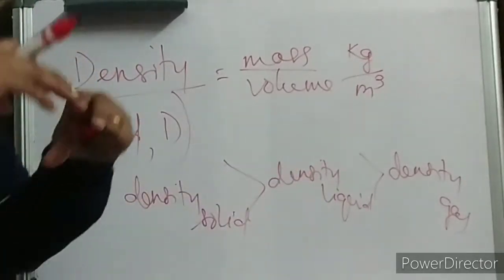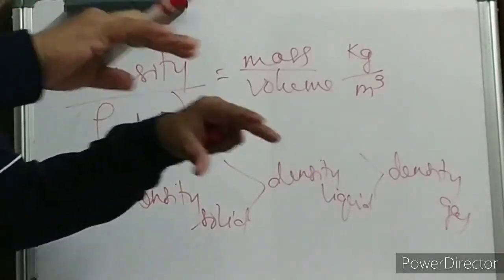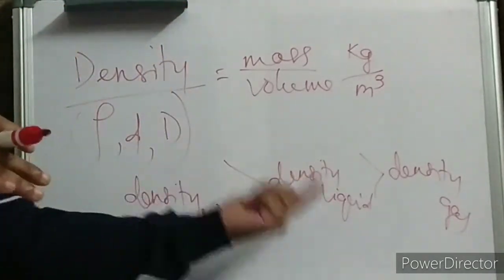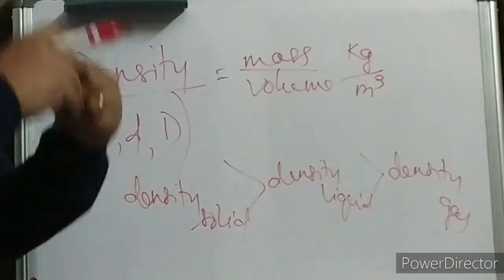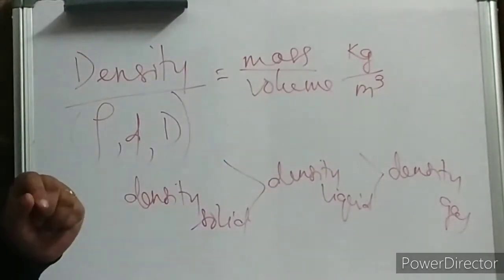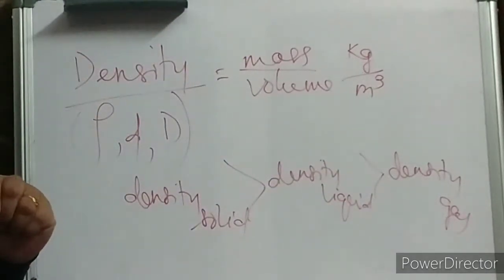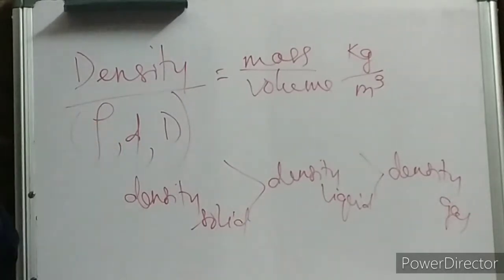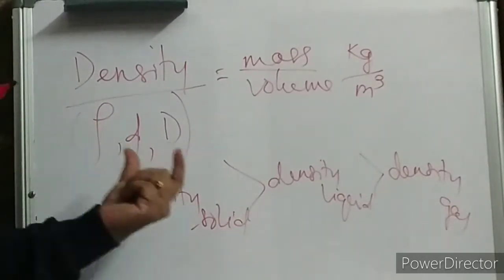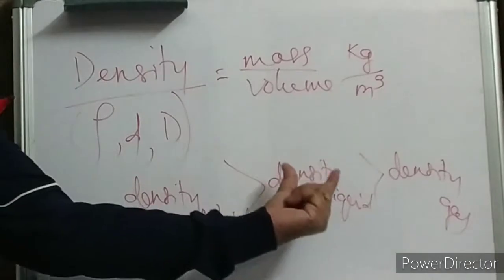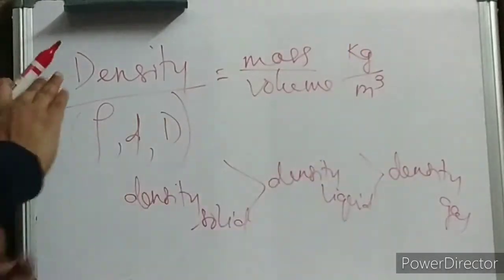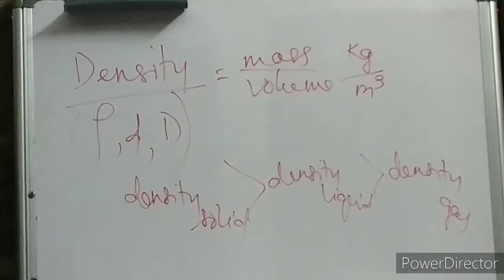Liquid molecules are far apart, so less dense, and in gas all the molecules and atoms are even more spaced apart. So that's why the density of solid, liquid and gas is in this order.